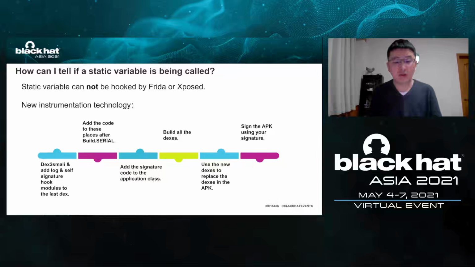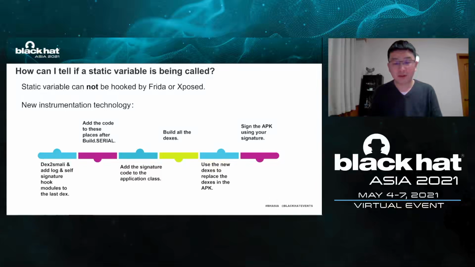Let's see how we did it. The first step is DEX to Smali. Then add the log and self-signature hook modules to the last DEX. The second step is add the log code to those places after the field. Then we add the signature code to the application class to make sure we can replace the original signature.